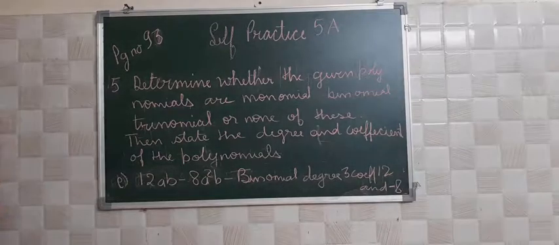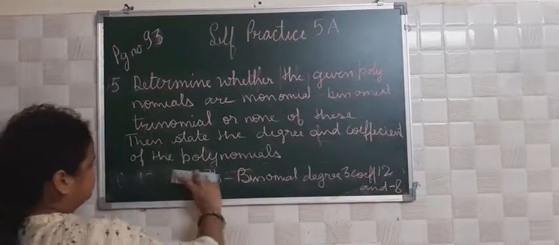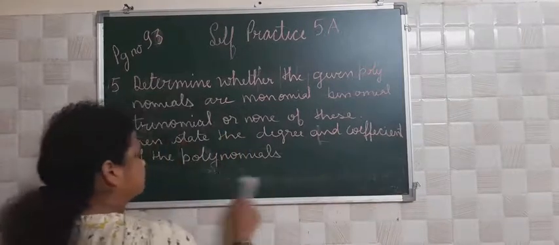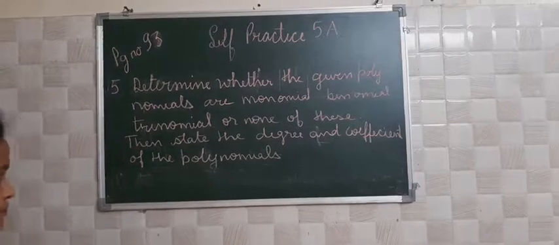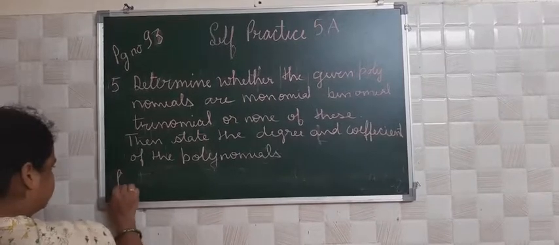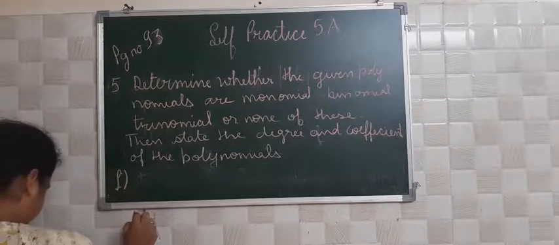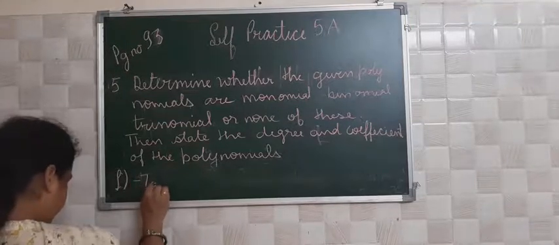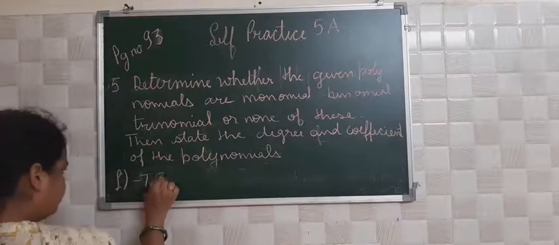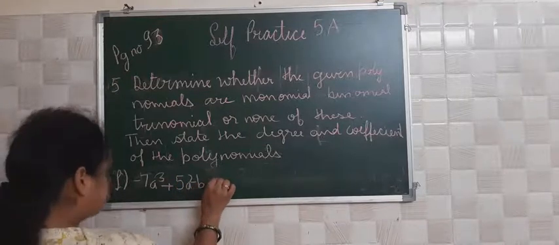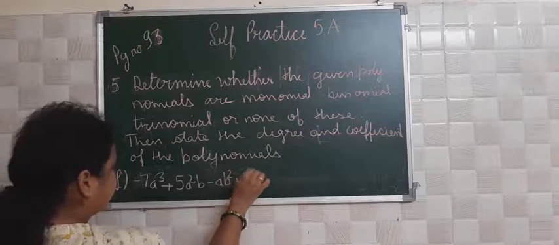So in F part, minus 7a cube plus 5a square b minus ab square plus 10b cube.